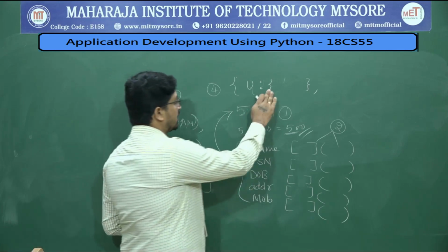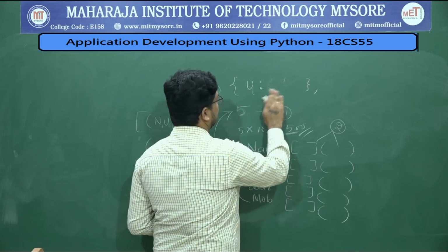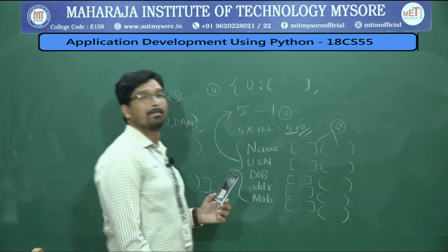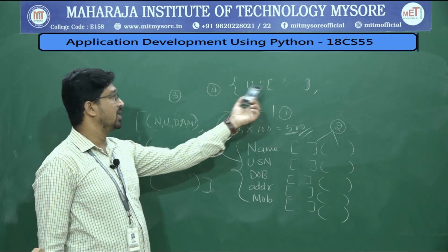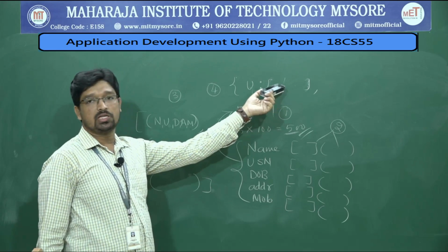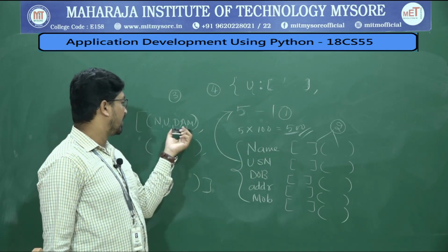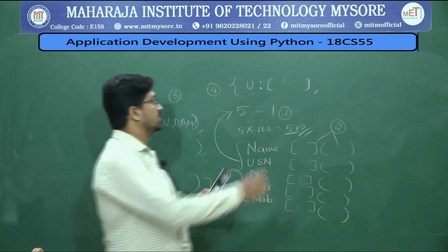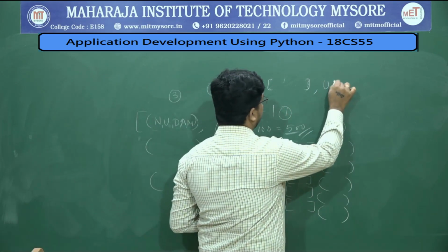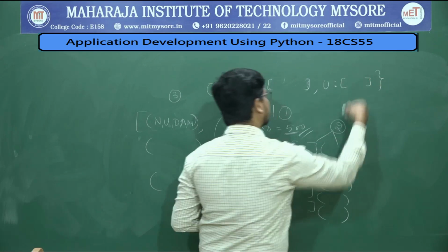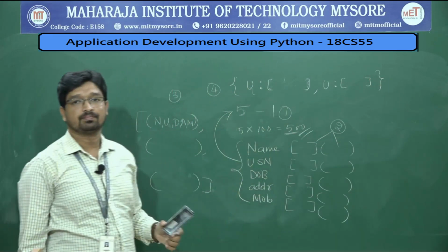Or you can consider a list also here, a list of values. In the dictionary, USN will be the key and values will be a list of all other values. Let us say name, date of birth, address, mobile number are the values. Like this you can consider second USN, then what are the values. Either you can consider a sublist or you can consider like that.